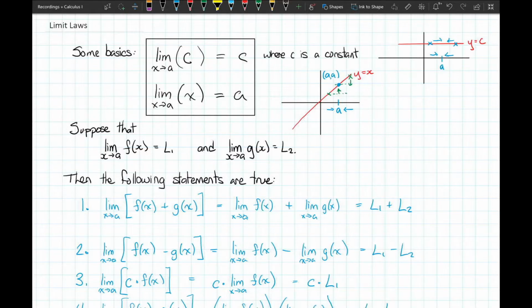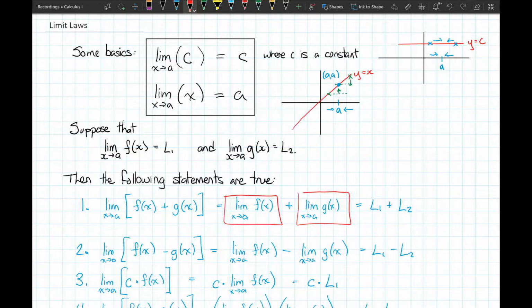Okay, well, if you wanted to take a look at the first rule here, this is really just addition. If we take two functions, f and g, and we add them together, then when we take the limit as x approaches a of the sum of the functions, well, we can actually just figure out individual pieces. What is the limit of f as x approaches a? What is the limit of g as x approaches a?